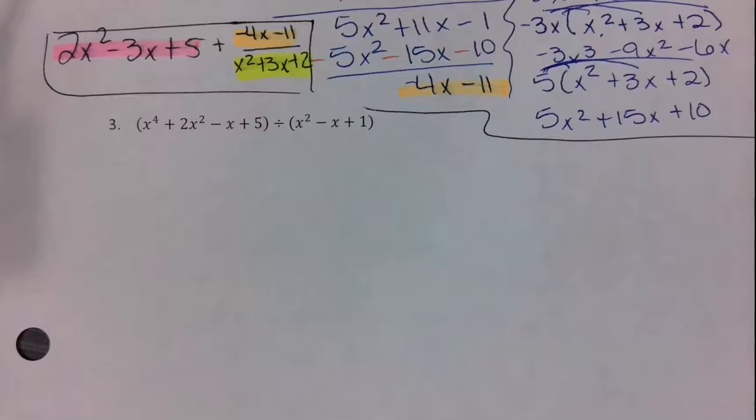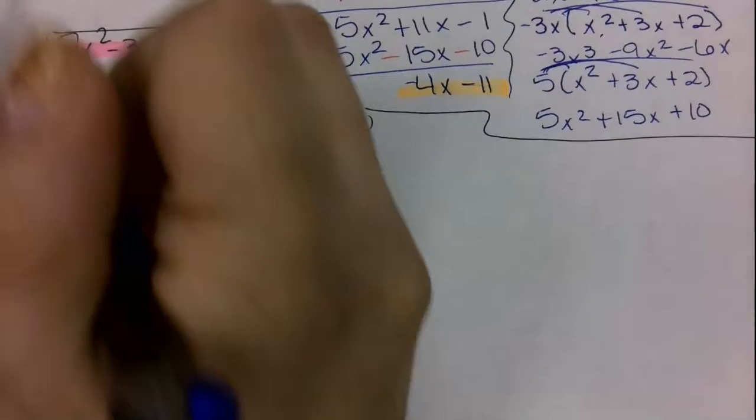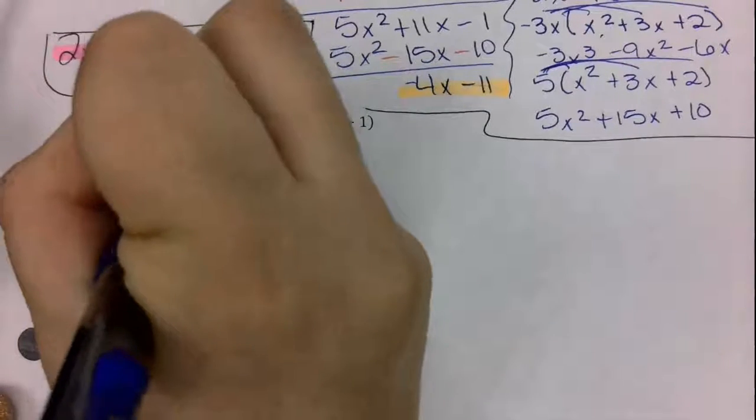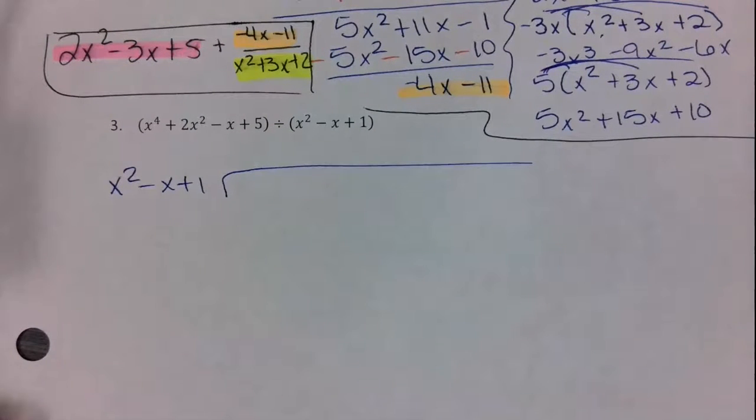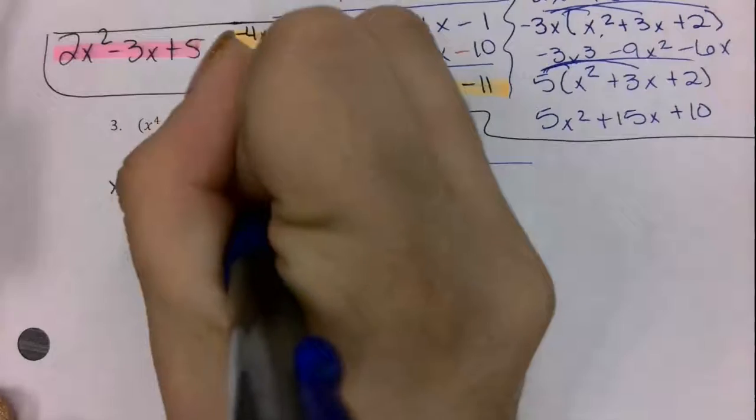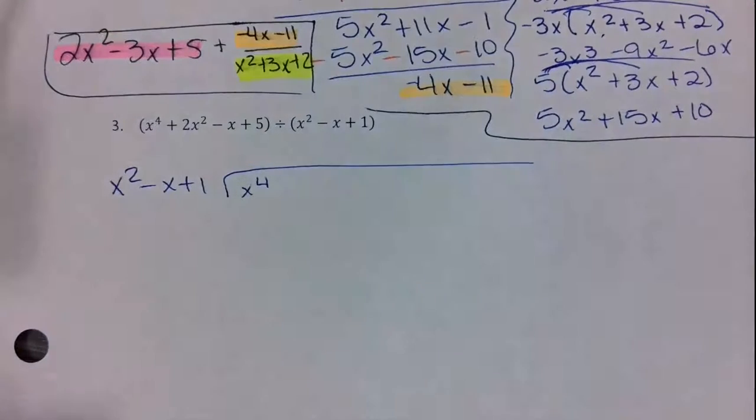Really? Okay, so how do I start this off? How do I set it up? What do I put inside? Are you sure I do plus 2x squared?